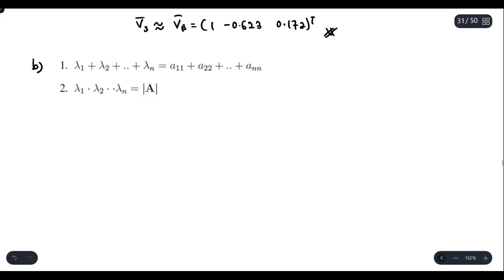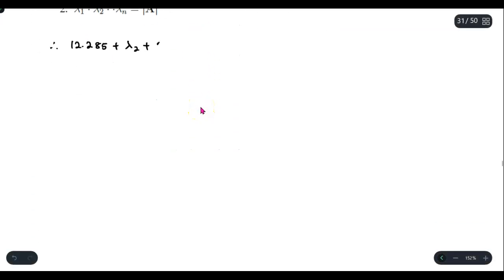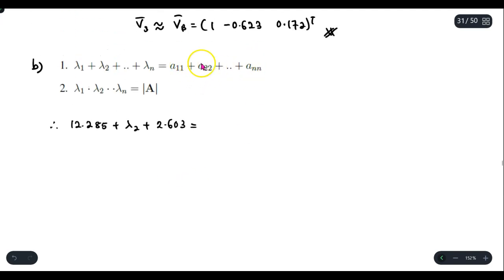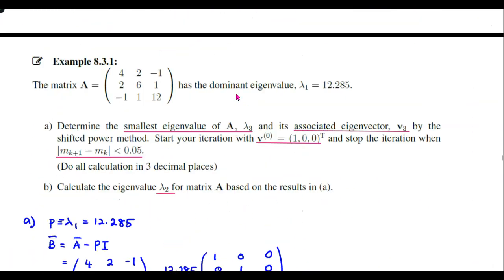All right, so I'm using formula number 1. Our lambda 1 is 12.285, and then what we want to compute is lambda 2 plus our lambda 3. Just now your lambda 3 is 2.602, which is equal to the diagonal elements of your matrix A. So look back at your matrix A given by the problem.